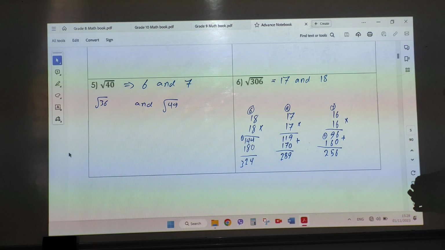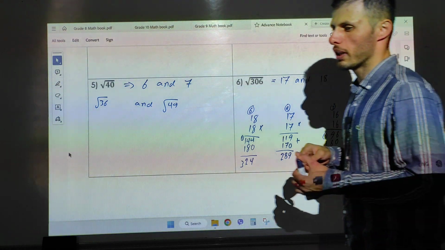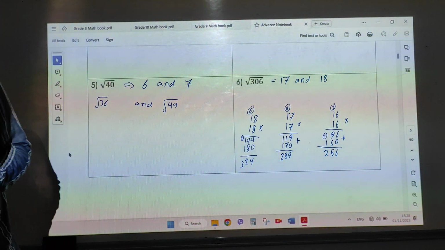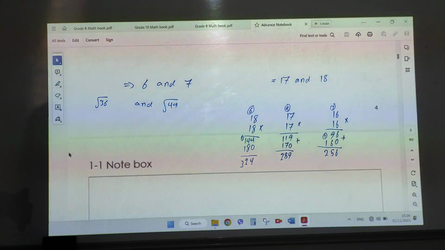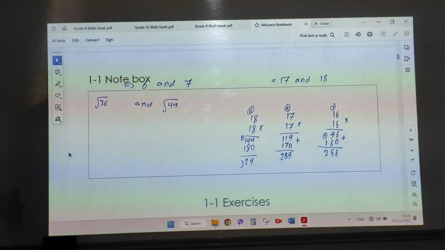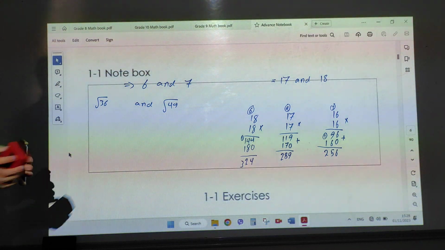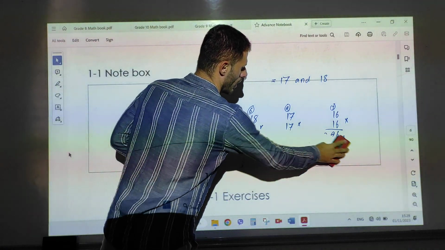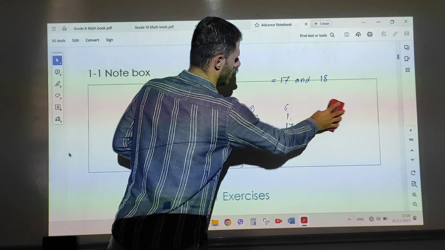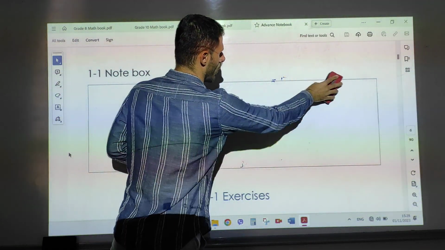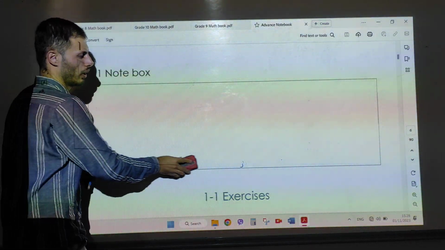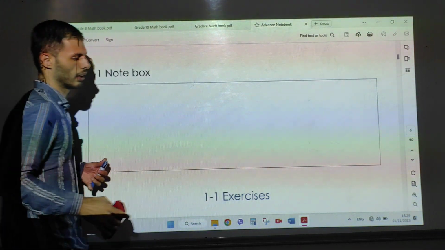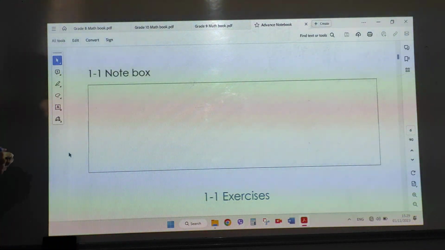For the notes, as I told you, you must memorize the perfect squares very, very well, especially those I wrote for you from 2 multiplied by 2 until 13 at least, with the other two, which are 20 multiplied by 20 and 30 multiplied by 30, to be able to check.